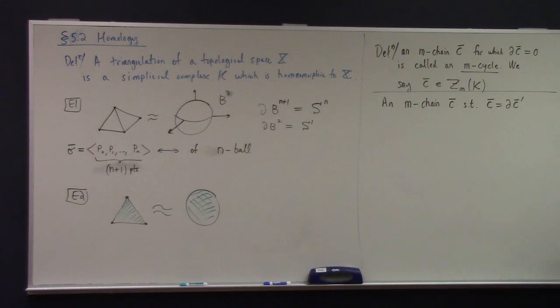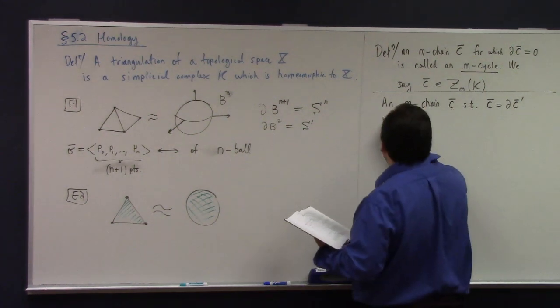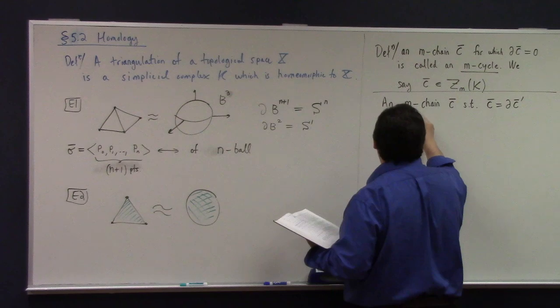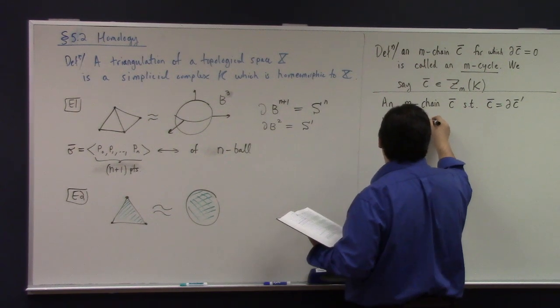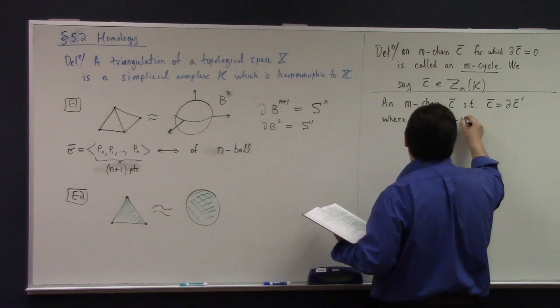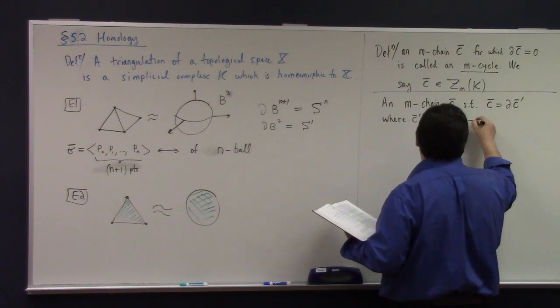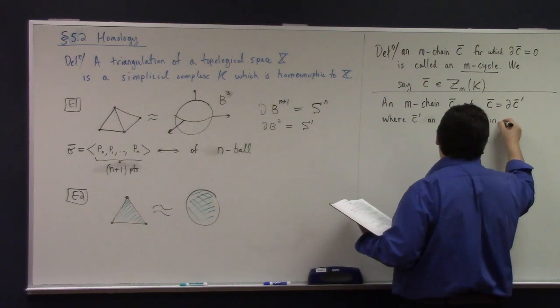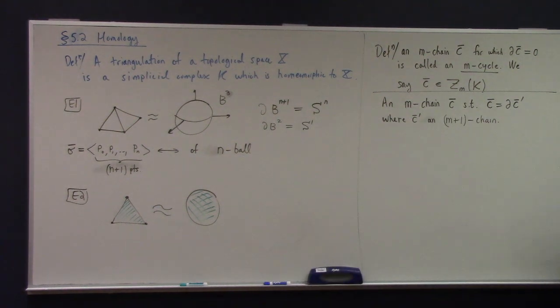What would C-bar prime be an element of? Not an M-cycle, but an M plus one chain. Because I'm taking the boundary of this thing and getting an M-chain, it must have been an M plus one chain, because the boundary reduces. It taketh away.